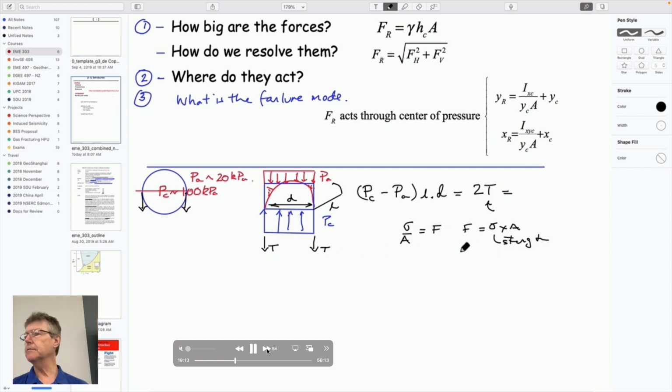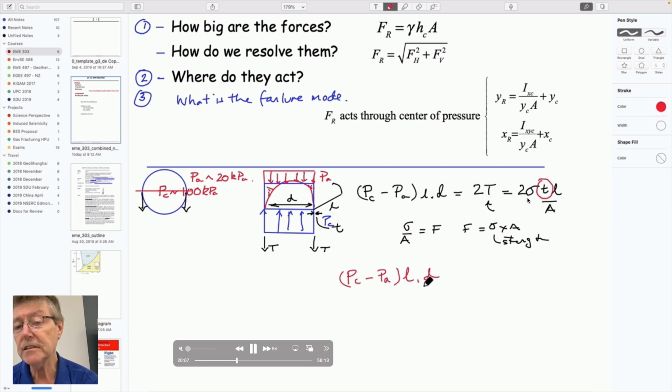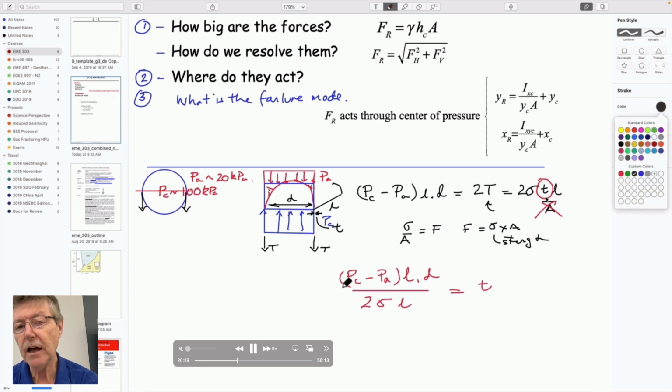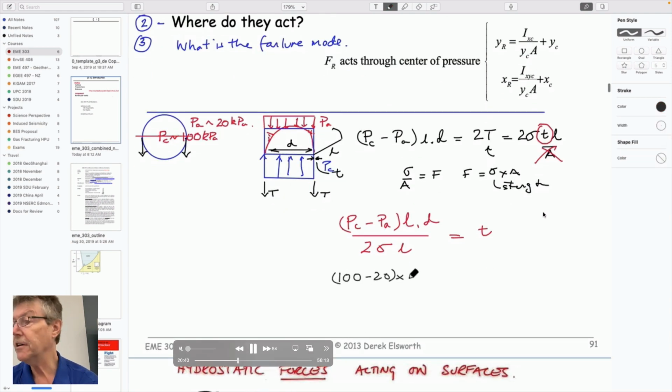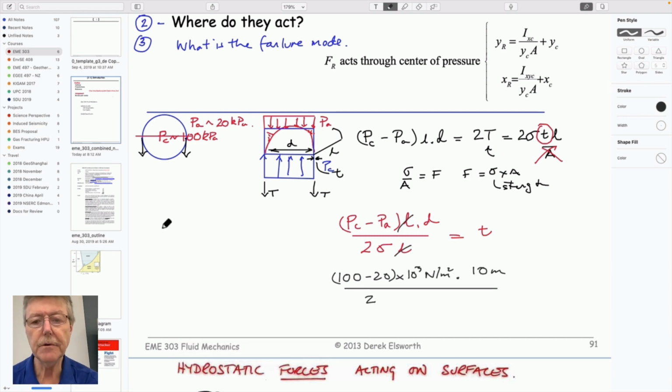And that has to be held down by the tension of the metal on the skin of the fuselage. So the tension of the metal on the skin is these two forces here. It's equal to the stress times the thickness of the skin times the length of the fuselage into the page, divided by the area of the segment.